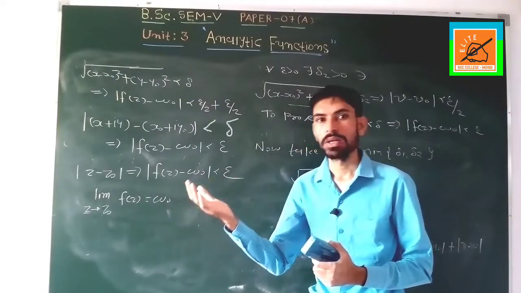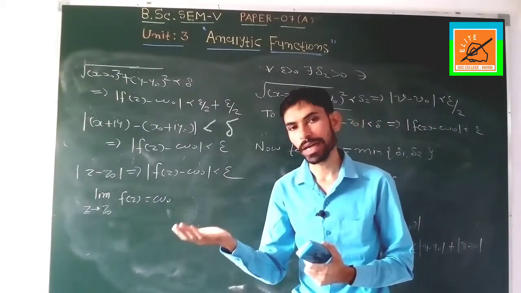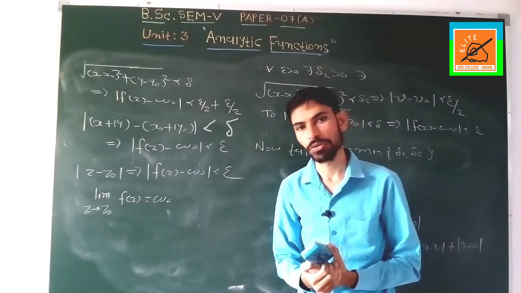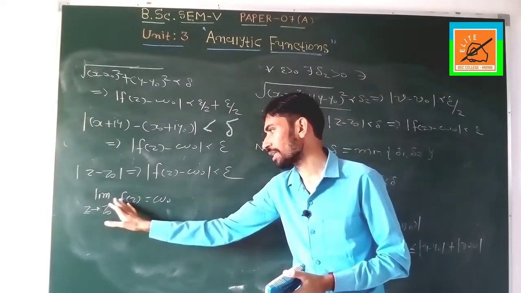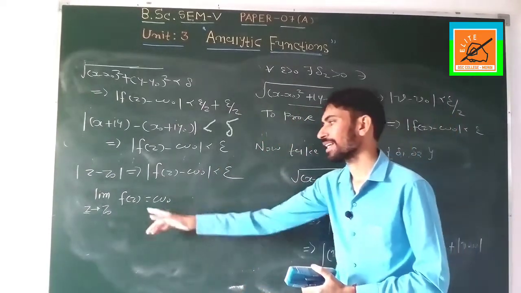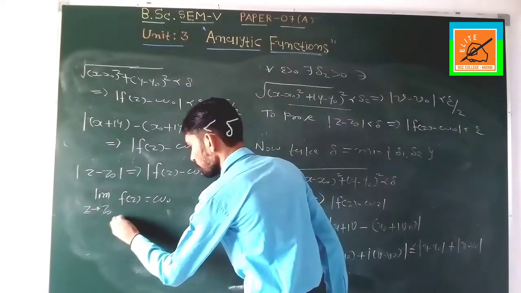Suppose limit xy tends to x0 y0 u of xy is equal to u0 and limit xy tends to x0 y0 v of xy is equal to v0, and to prove limit z tends to z0 f of z is equal to w0. So we obtain our proof: limit z tends to z0 f of z is equal to w0. Hence result is proved.